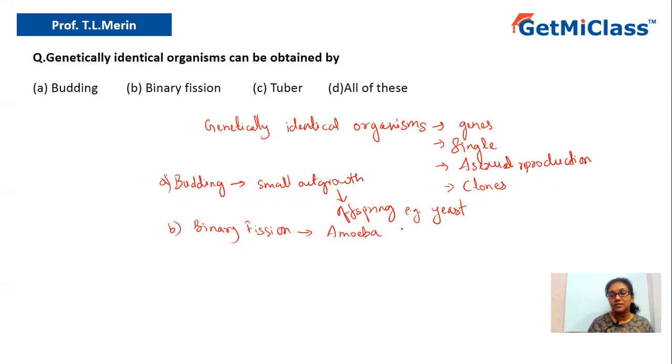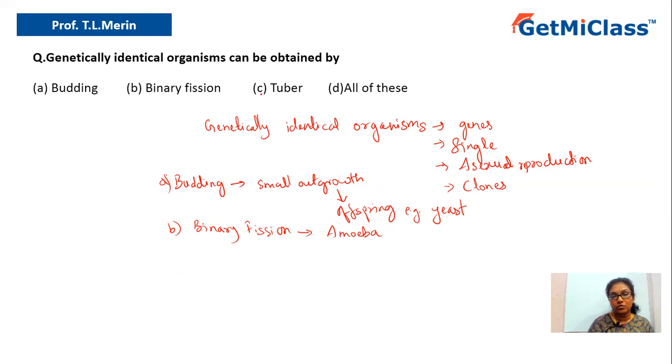Here again, the single cell gets divided into two, and those two parts will give rise to new offspring. Hence, the parent itself is getting divided into two, and hence the daughter cells will be identical to the parental cell. And that is why they are genetically identical. So option A also is correct, because by budding also you can get a genetically identical organism, and even by binary fission you get genetically identical organism.